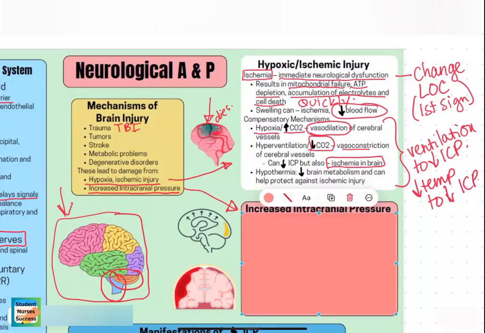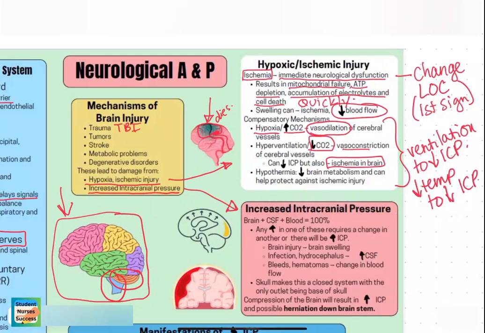Now let's talk a little bit more about this increased intracranial pressure. Increased intracranial pressure is when the contents inside the skull are under pressure. So think about this. Inside your skull, you have your brain or your cortex, you have cerebrospinal fluid, and you have blood. Those all equal 100%.